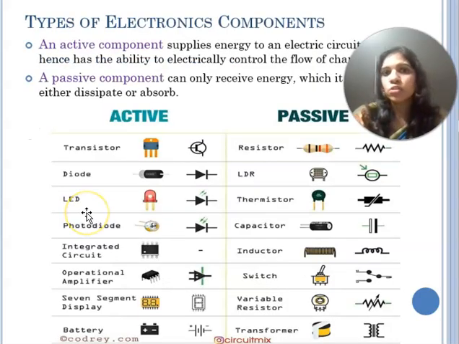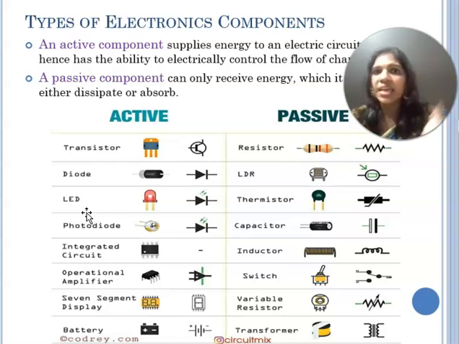So here we are going to see what are the electronic components themselves. There are active components and passive components. Active components just supply energy to an electric circuit, and have the ability to electrically control the flow. But a passive component cannot supply energy.